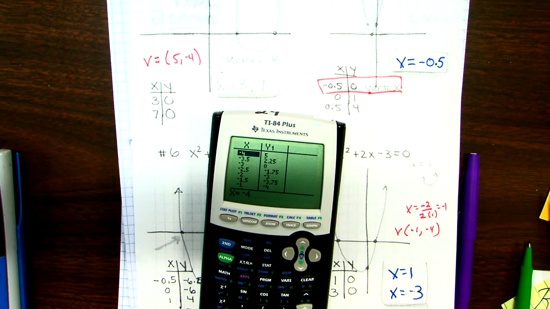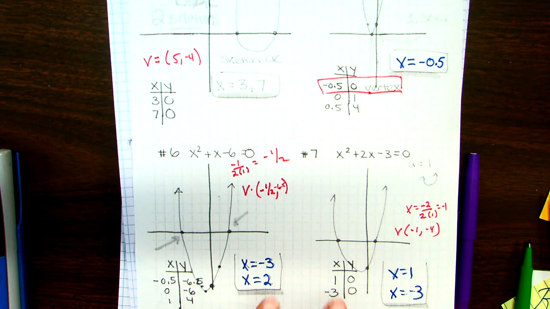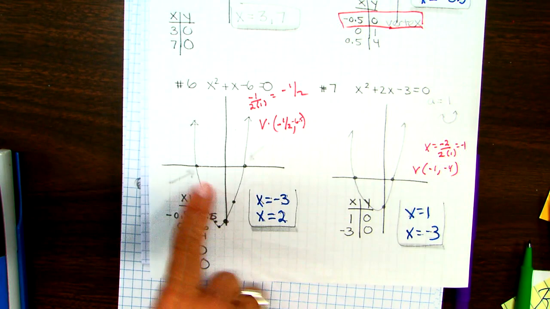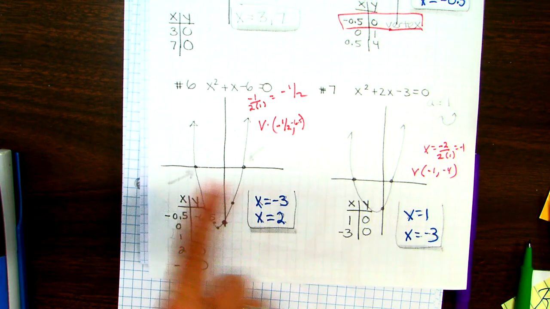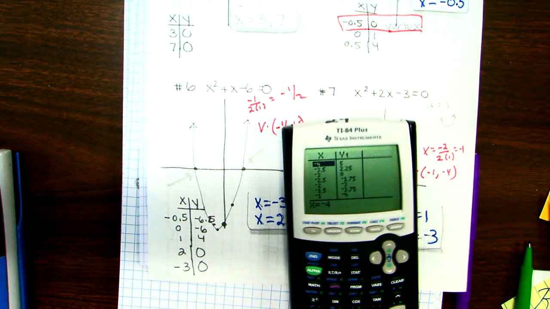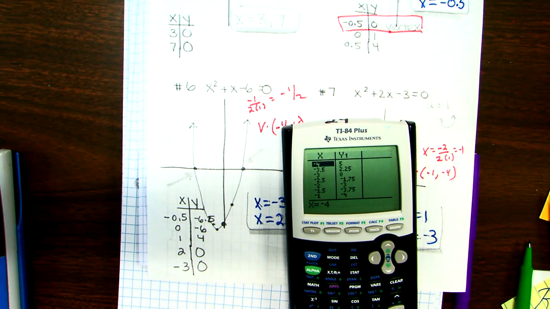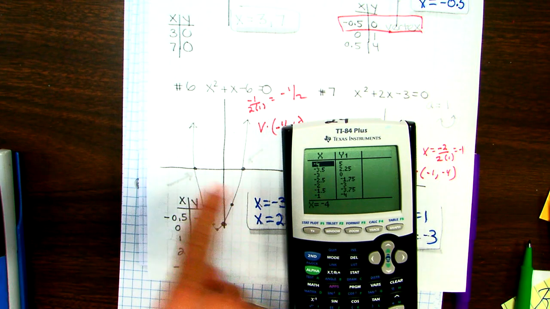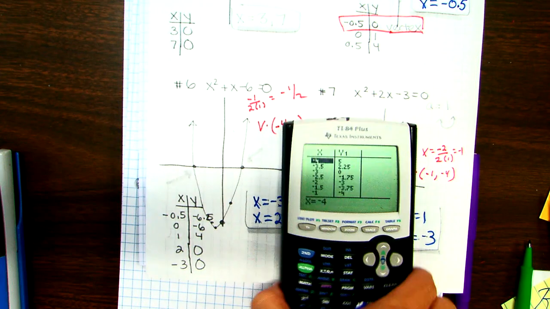What are my x-intercepts? Anything that has a y value of 0. So if you're not hitting exactly, maybe you didn't graph it super nice, you should still be able to tell what those are by using your table. Because anywhere y is 0, that is an x-intercept and a solution. Okay?